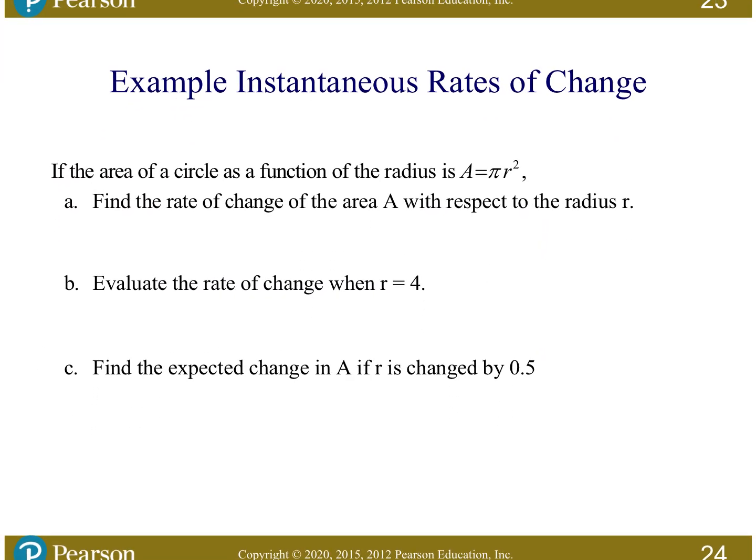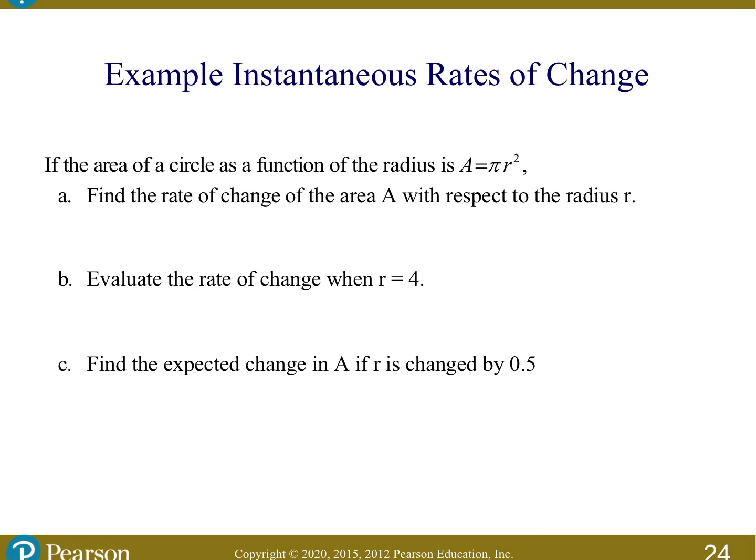So we can apply our derivative rules to other areas of math, other areas of science. Let's see what it looks like in geometry. If we are given an area function, you should recognize this as the area of a circle, dependent on the radius r.